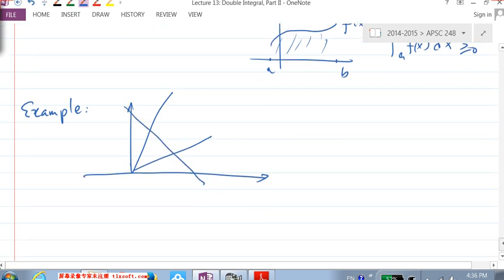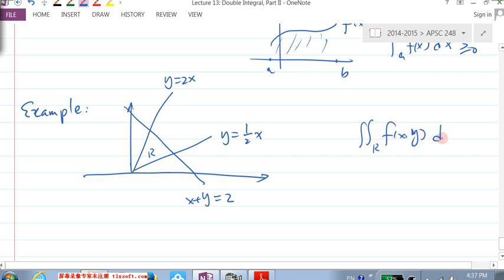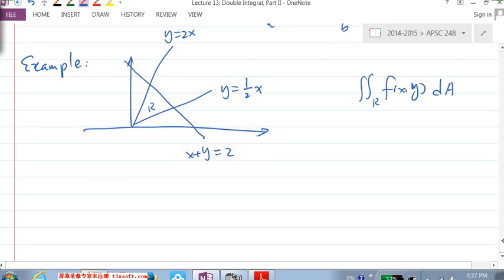It's bounded by 3 straight lines, and the first one is half x, x plus y equal to 2. So it's bounded by 3 lines, and this is R here. And we want to integrate any kind of function over this region R. So this is the case I've been talking about.